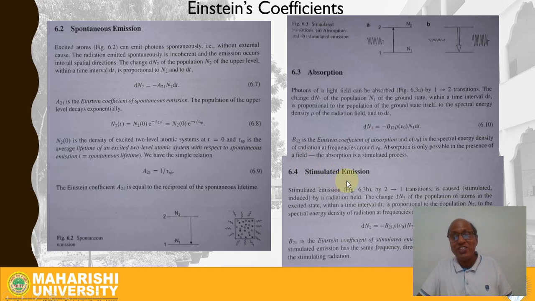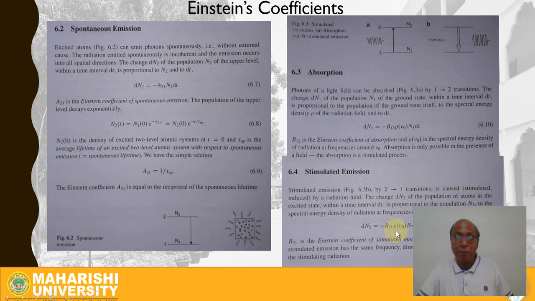But again, since it is happening from level 2, the change in the population N2, dN2, we develop the relation here, is equal to minus B21. Now B21 is Einstein's coefficient of stimulated emission, right?